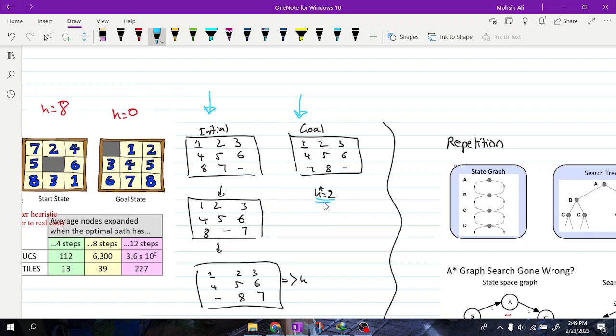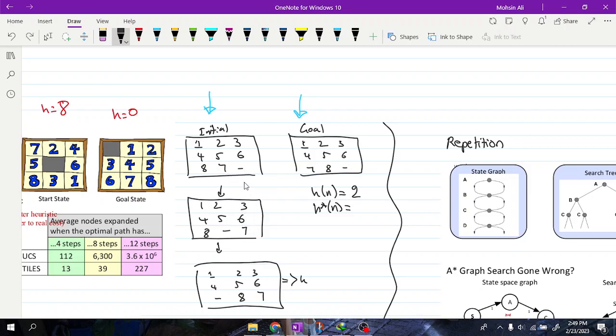So my current heuristic is 2, but my actual cost is much worse than this, and it's because I cannot directly move 8 to 7 and 7 to 8. I have to somehow move this blank towards left or towards right.